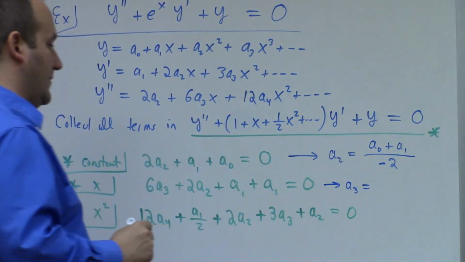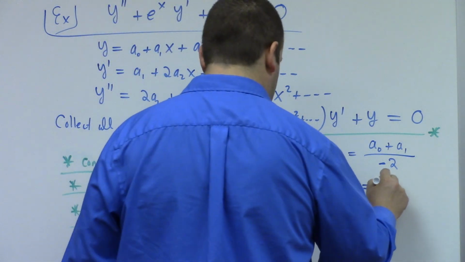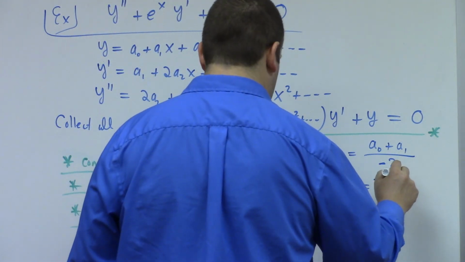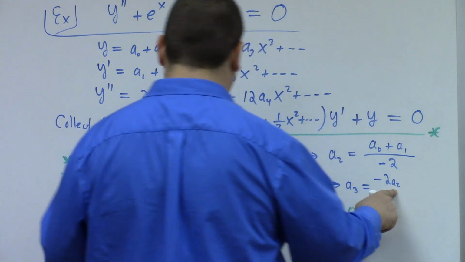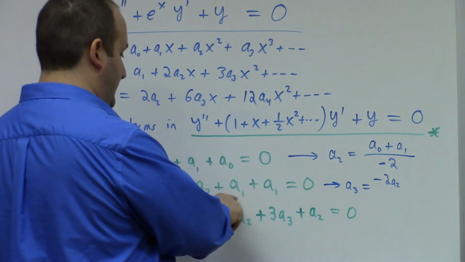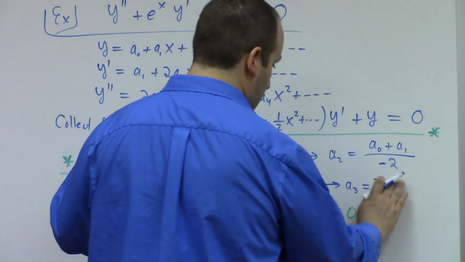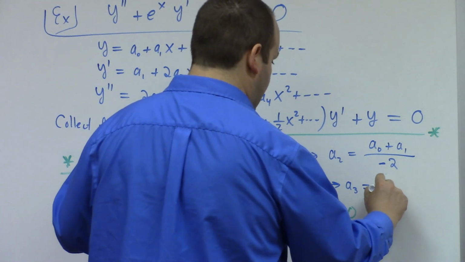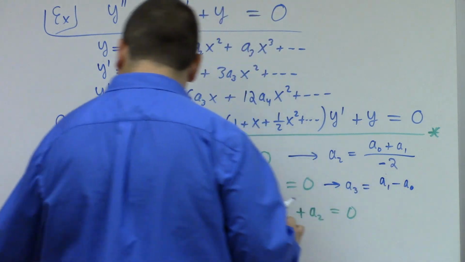But you know what? I don't care. Well, I mean, I guess it's useful to do. A3 is what? Minus 2a2. But what was minus 2a2? See that? 2a2 is minus a1 minus a naught. So this actually becomes what? Yeah, a1 minus a naught. Which do you think it is?